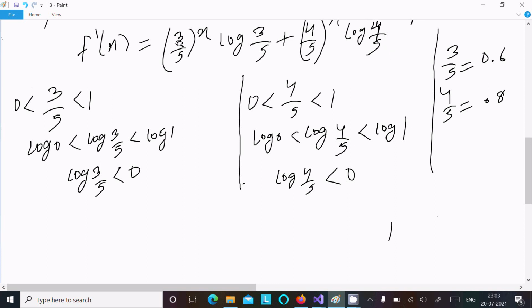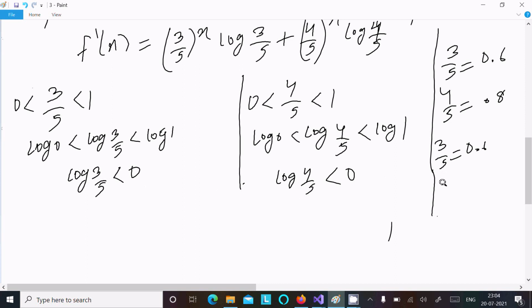And for 3 by 5, anything with f in x greater than 0 gives a positive value. So (3 by 5) power x is positive when x is positive.